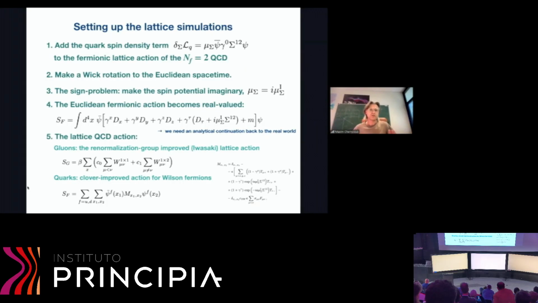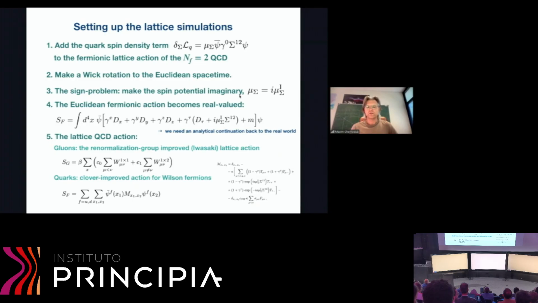This work is done in first principle simulations. We just introduce this quark spin density term. We work with N_f equal to 2 QCD, which means we consider 2 light quarks, u and d. We don't consider any other quarks like the s quark. It's the simplest formulation. To make the simulations, we need to make a Wick rotation to Euclidean spacetime, which means that immediately we get a sign problem. The system becomes imaginary in Euclidean spacetime.